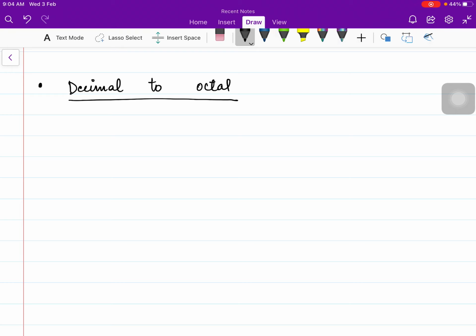And if in any of the conversions, on either left hand side or right hand side, you find decimal number system, then the same technique will follow which you followed in the case of decimal to binary or binary to decimal.